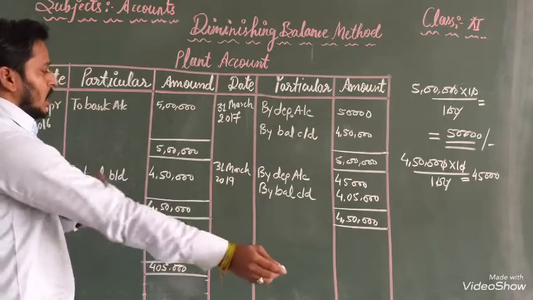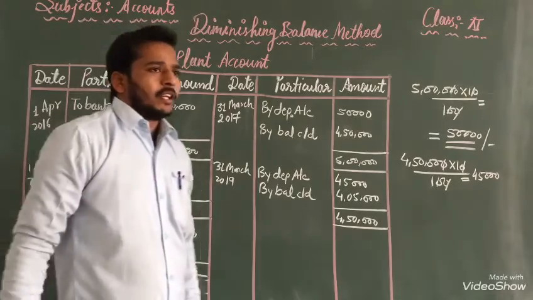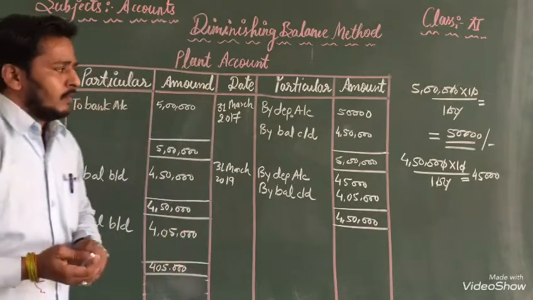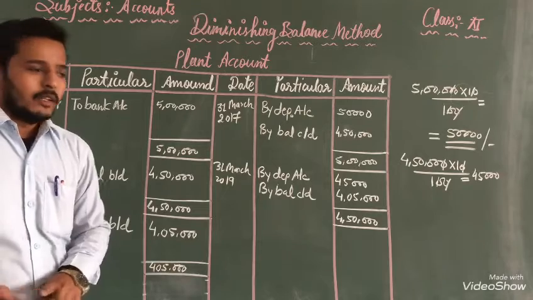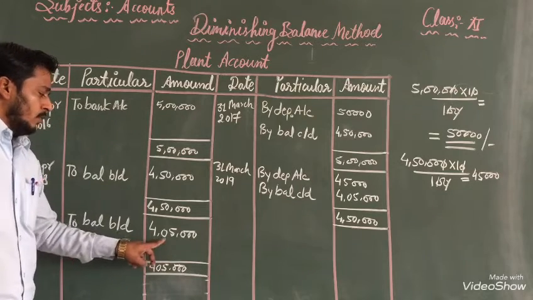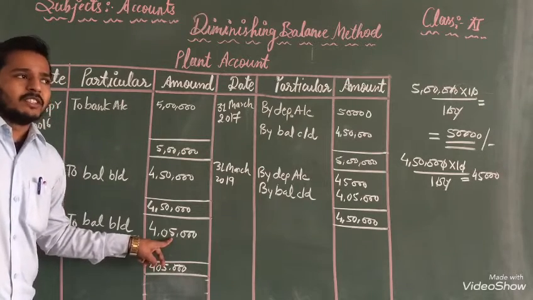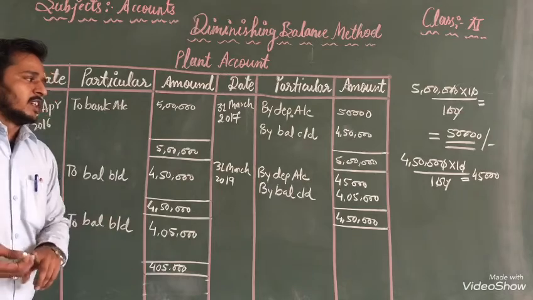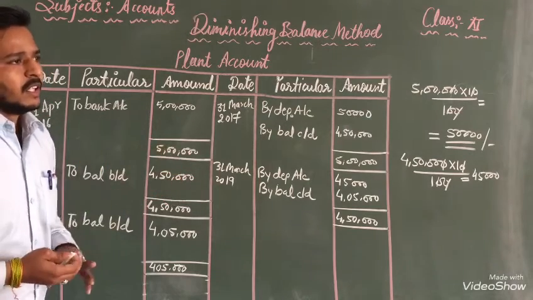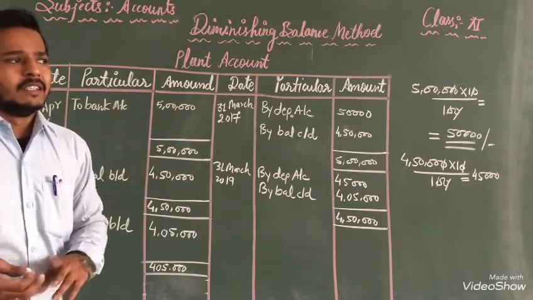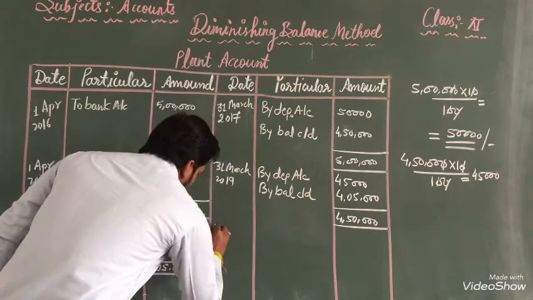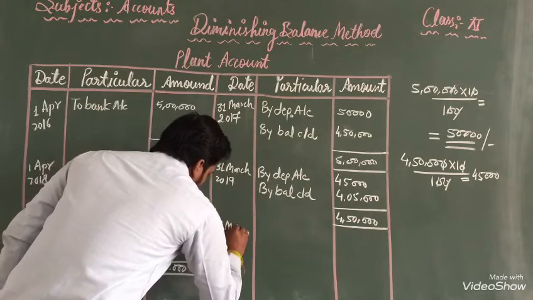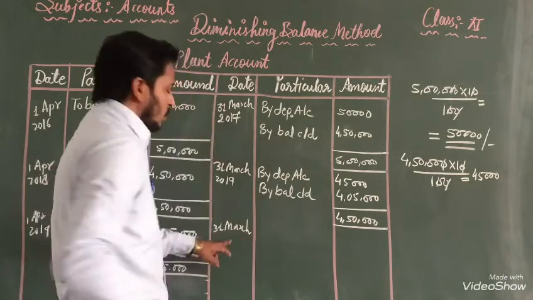4,05,000. Now, dear students, we are going to discuss that. For example, this machine is going to be sold. Now valuation is there, 4,05,000. The machine value is there. But on the date of 31 March, I had sold that machine, at the full year, on the same 31 March closing date.